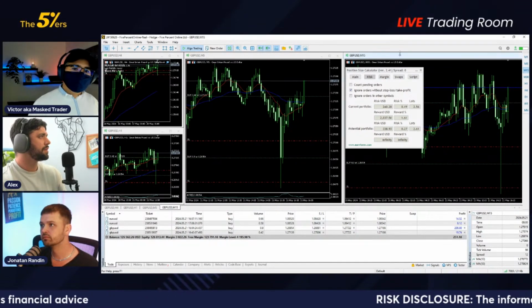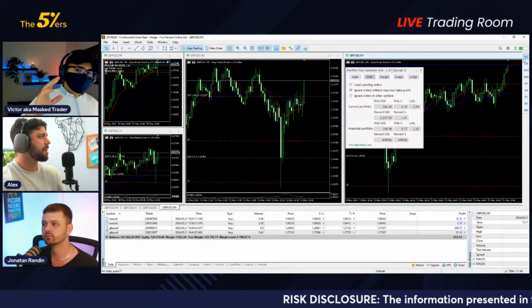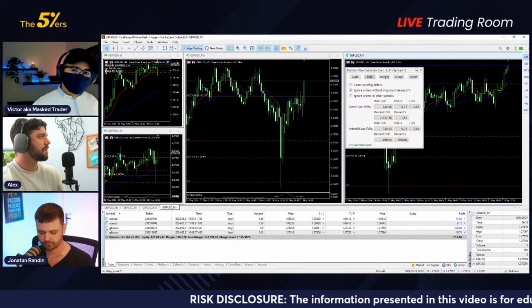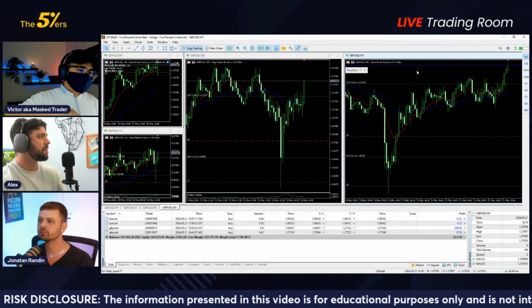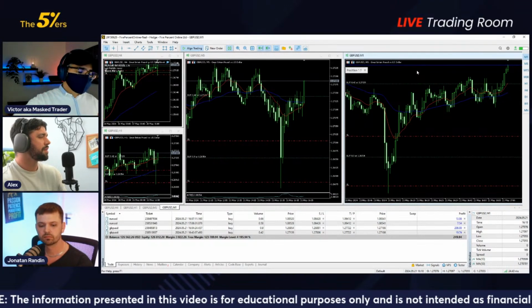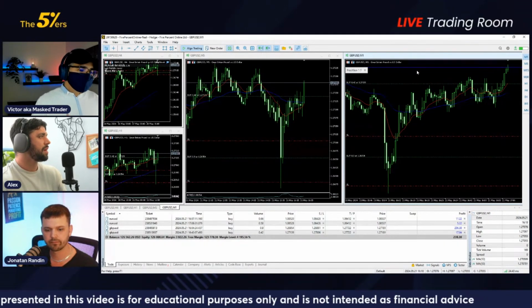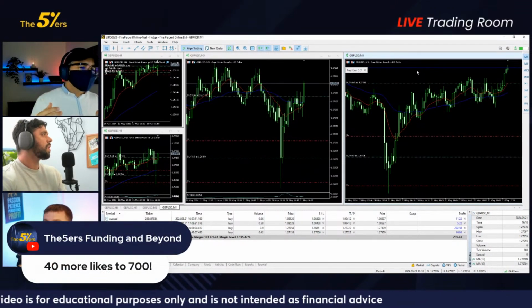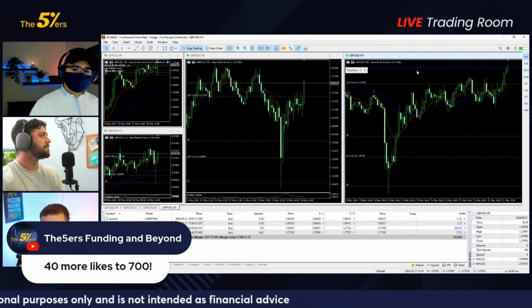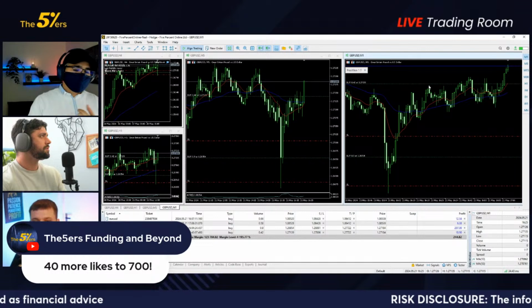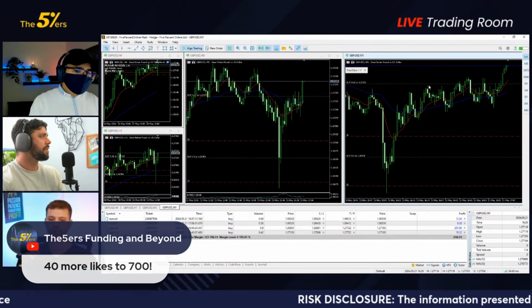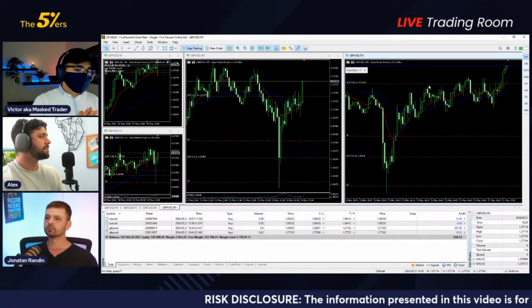I was saying that before you will see price respecting the EMAs on the lower time frames, and if the setup is reversing, then it will start doing that as well on the higher time frames, right? I said on the 1 minute, and it started doing it on the 3 minute, and at that moment it wasn't doing it yet on the 5 minute.